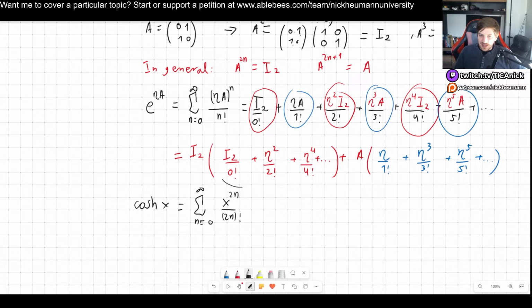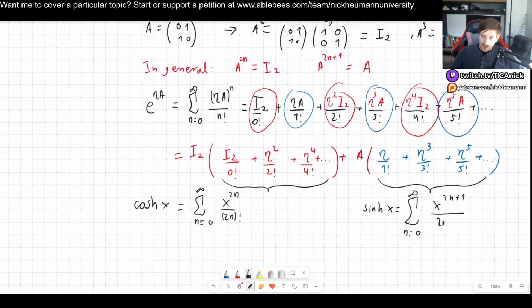And that is precisely what we have over there. Meanwhile, this thing right here is the hyperbolic sine of x, which can be written as the infinite sum from 0 to infinity of x to the 2n plus 1 divided by factorial of 2n plus 1. And that's exactly what we have there, of course, with x being eta.